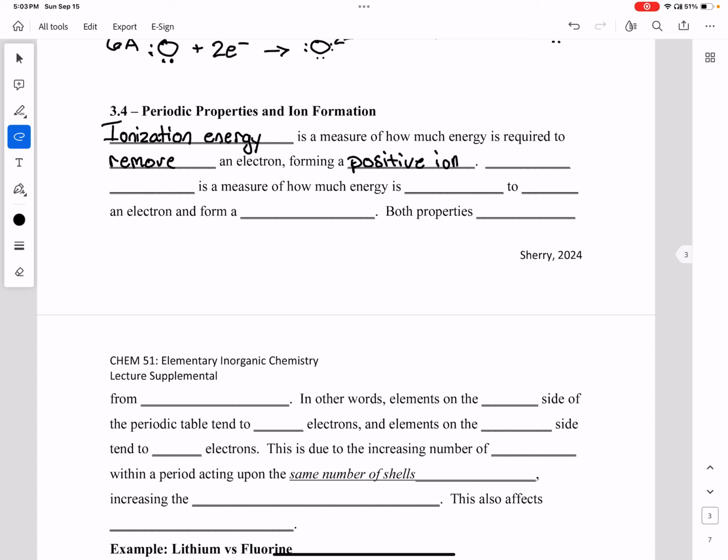Okay, so the other property that's important is electron affinity. And that's how much energy is released to gain an electron. So it's like you're getting paid to gain the electron. So those would form a negative ion.